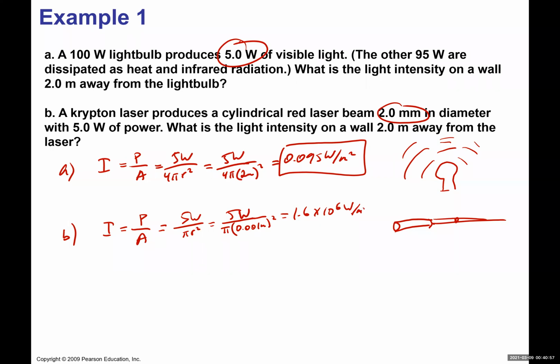You can see what a big difference that is: this was about 95 milliwatts per square meter, and this is about 1.6 megawatts per square meter. Because the laser is much more concentrated, it moves with much higher intensity. That's why lasers are very dangerous. You don't want to point a laser towards someone's eyes, because it is very highly concentrated energy and can damage them.